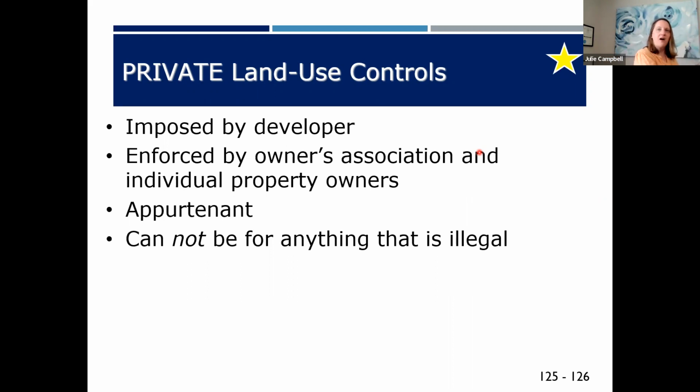When the first person buys, they follow those covenants. The third person, the eighth person, etc. They run with the land. I think a common misconception is that we only have to follow the rules of the covenants as long as the developer is around. But that's not true. They are there for many, many, many years after the developer because they're appurtenant. They run with the land, not the developer. Does that make sense?